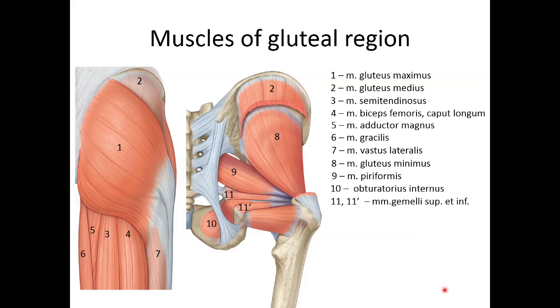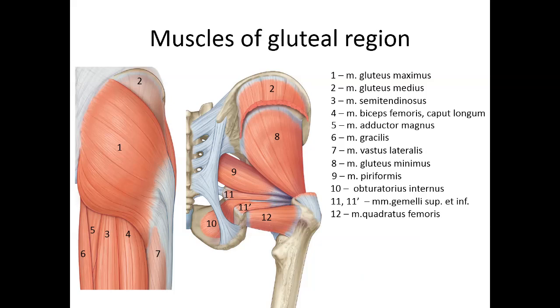And lower, what we can find lower, number 12, it's musculus quadratus femoris. Now, in comparison with musculus piriformis, it really looks like a square, quadrate shape.